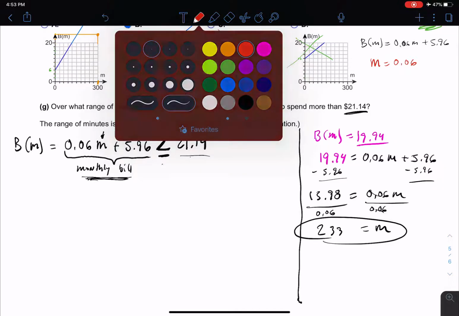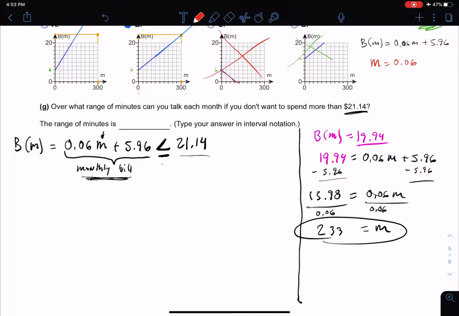And so now all we have to do is, remember, subtract $5.96 on both sides. And now we have, let me just get rid of this so it doesn't feel confusing. Don't really need all that now. So now what do we have?